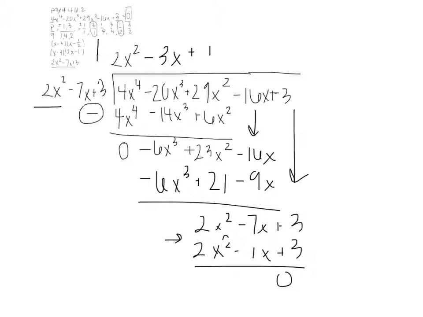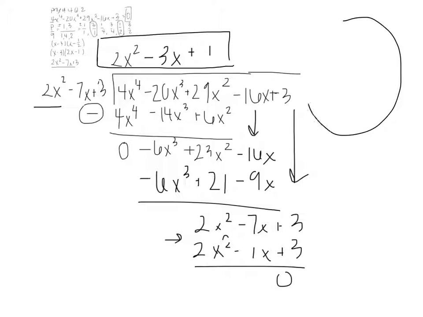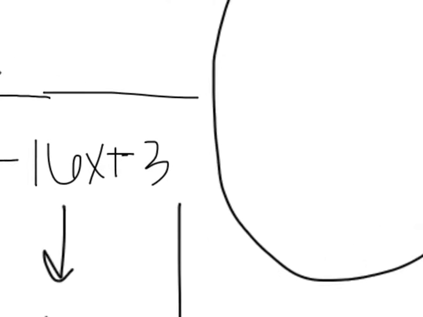Okay, so then what we need to do is we need to factor out this equation right here. To do that, I'm going to do it right here. Okay, and so we were given 2x squared minus 3x plus 1.